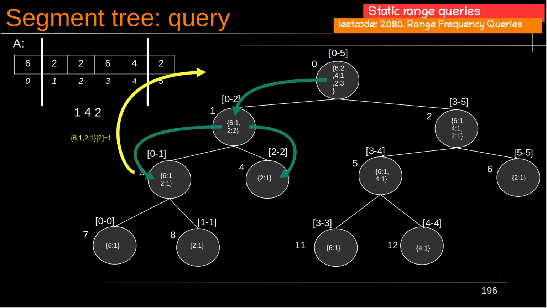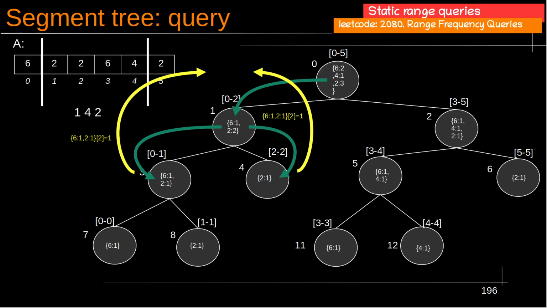And we go right now, because we have a partial overlap on the node 1, the interval 0, 2. Same here, we have a total overlap, so we return the result.